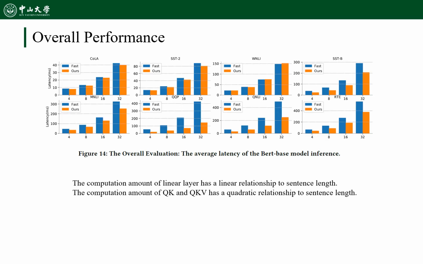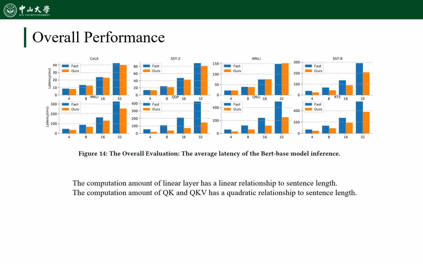For the fine-grained strategy evaluation, it is only for the self-attention module, and here for the overall performance, here are the self-attention module and linear layers. As the fine-grained strategy contributes the most in latency reduction, here the overall latency displays a similar trend.